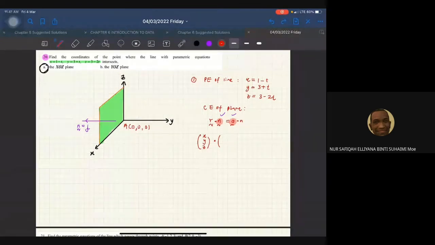Okay, so normal awak J sahaja yang ada nilai, so 0, 1, 0. And then your A is 0, 0, 0, dotkan dengan normal 0, 1, 0. Okay, so yang belah kiri awak akan dapat Y, and then yang belah kanan awak dapat 0. Settle. That is your Cartesian equation of a plane.